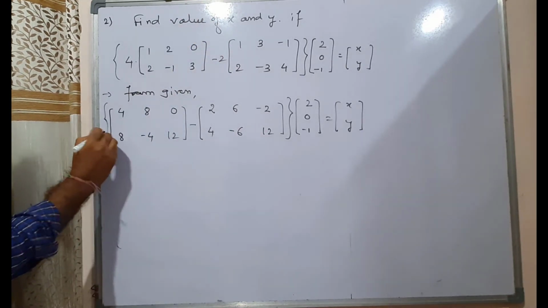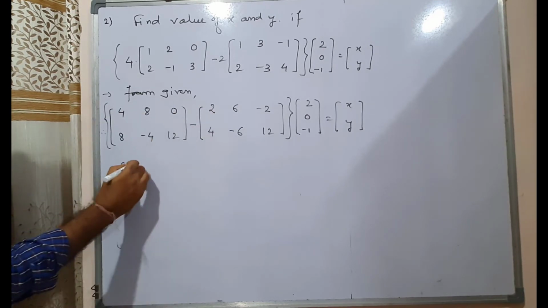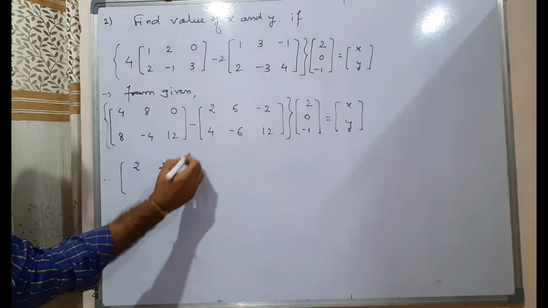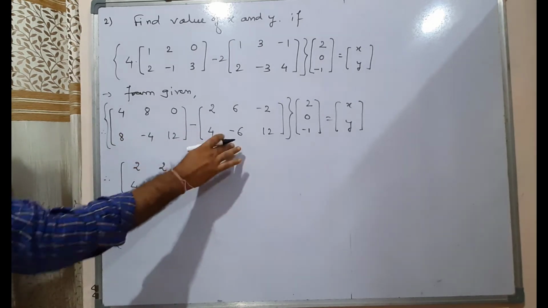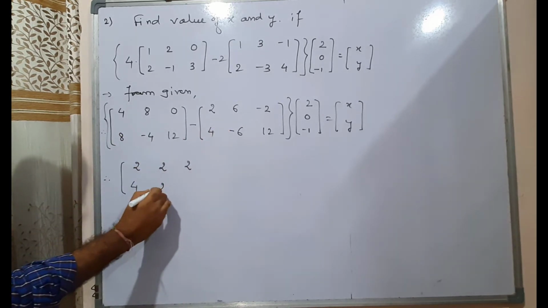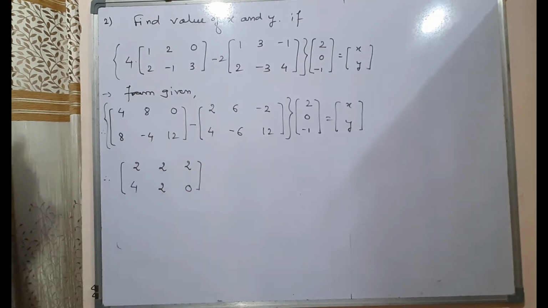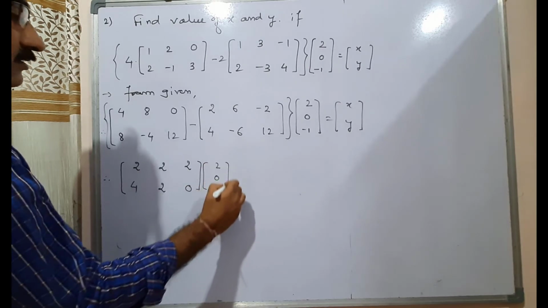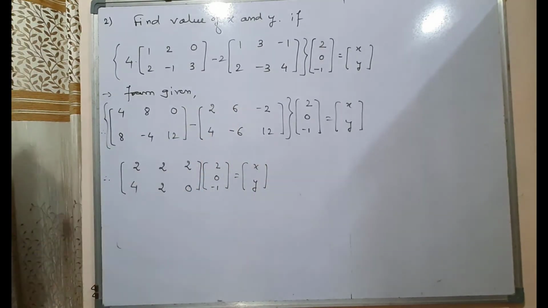Now take the subtraction. 4 minus 2 is 2, 8 minus 6 is again 2, 0 minus minus 2 is plus 2, 8 minus 4 is 4, minus 4 minus minus 6 is 2, and 12 minus 12 is 0. And here it is multiplied with this matrix, and keep this x, y as it is.